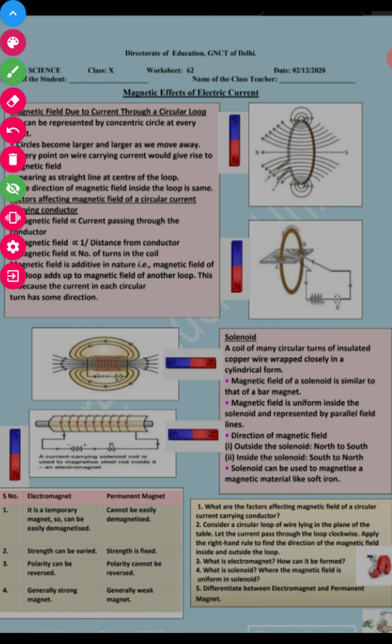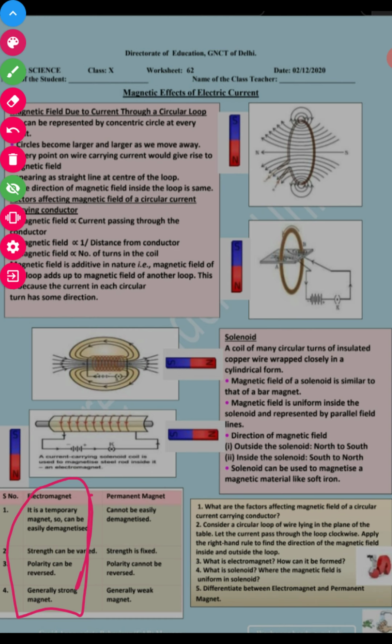So you can easily write about the electromagnet. A current carrying solenoid coil with a magnetized steel core acts as an electromagnet. You can write all these points.